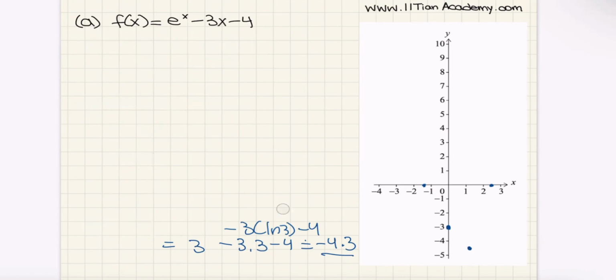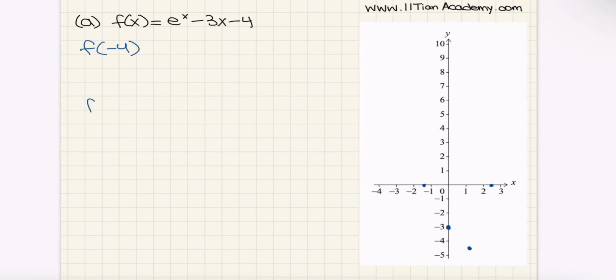We have the endpoints. So for endpoints, we're going to find f of negative 4 and f of positive 3 to find out our last points. So that's going to be e to the power negative 4 minus 3 times negative 4 minus 4.